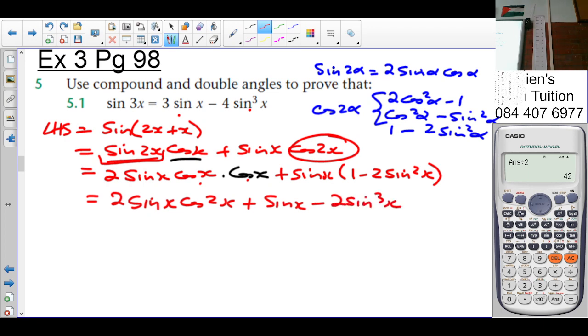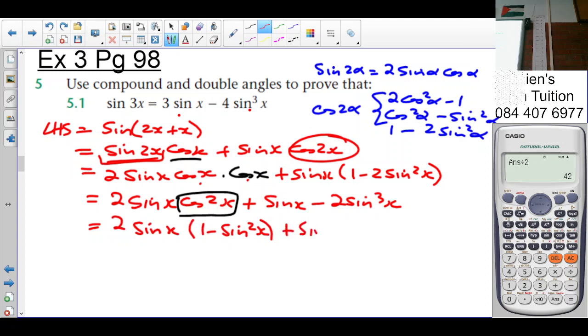Okay. So what we can change is cos squared x. Cos squared x can be written as what? 1 minus sine squared x.